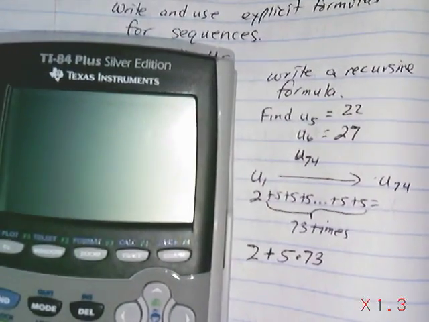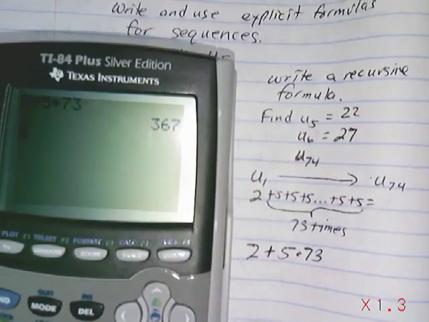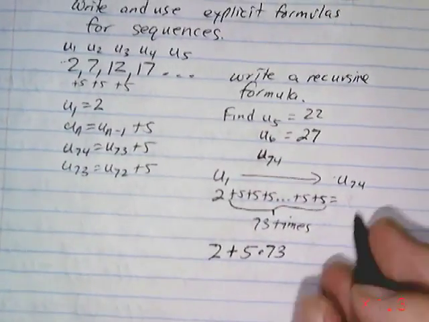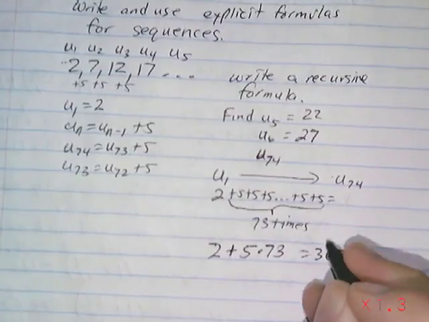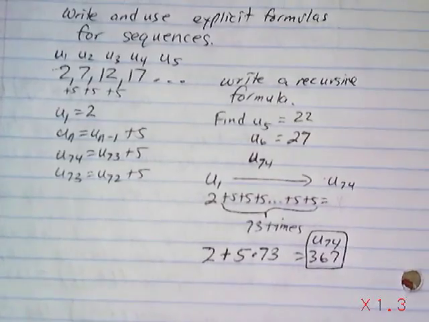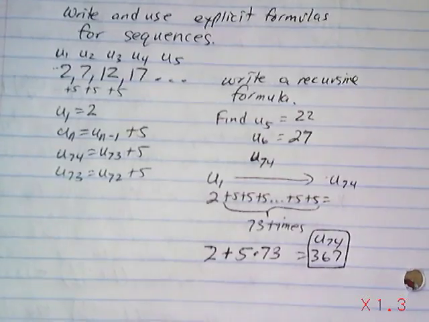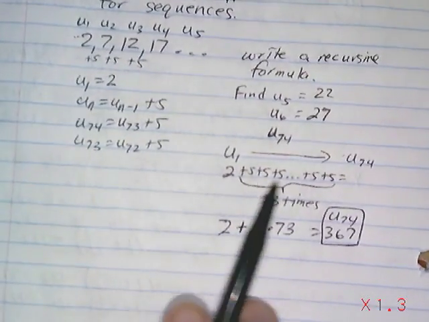Now let's look back and see if that fits what we did. For u sub 74, we said it took 73 times. Well, 74 minus 1 is 73. Our common difference was 5: 7 minus 2 is 5, 12 minus 7 is 5, 17 minus 12 is 5. So it fits exactly what we did.